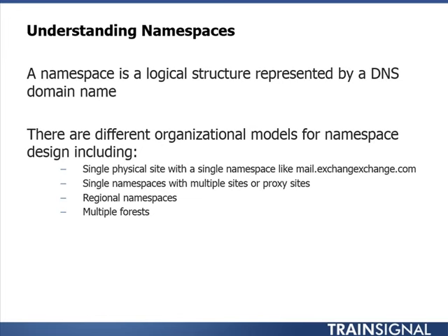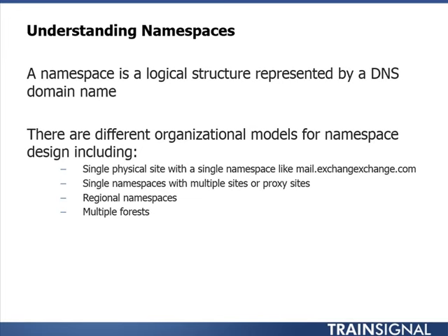Now, regional namespaces, that involves multiple physical sites and multiple namespaces. So you might have a site in New York that has the namespace mail.ny.companyname.com, and then maybe you have another site that is in Florida that has mail.fl.companyname.com.